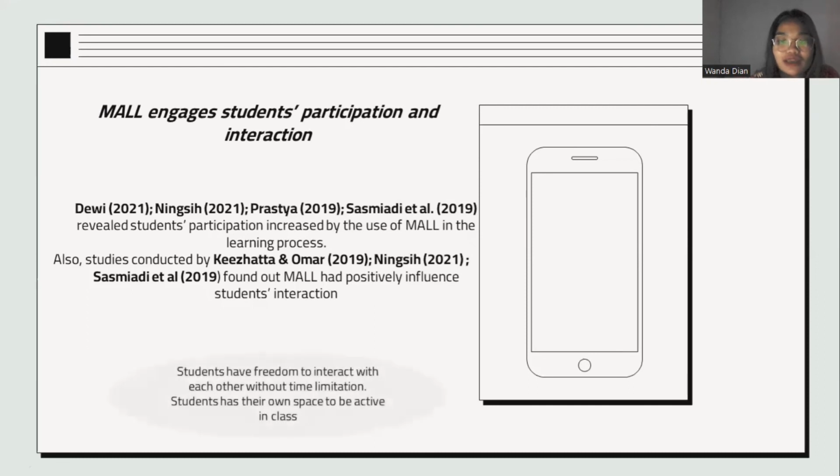And also by implementing MALL in the learning process, students' interaction increases because students have the freedom to interact with each other without time limitation. In a conventional way of learning, every subject has its time limitation. So when the session has ended, students sometimes don't have any chance to continue their discussion in the class.